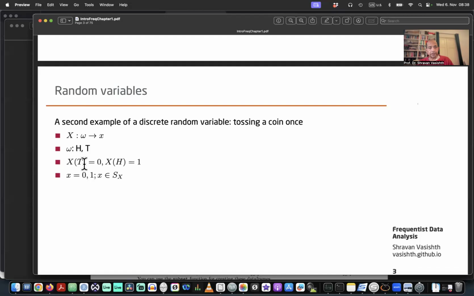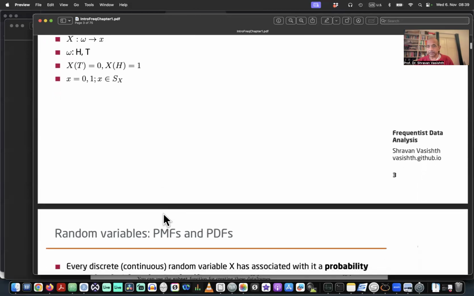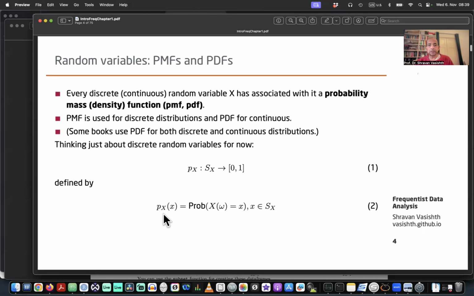And if you get a tails, we are conventionally going to represent that as a 0. So that's the numerical mapping, right, to the real number system. And if you get a heads, then that's 1. Okay? So that's another example. So the support of X now is the set containing the numbers 0 and 1, right? So that's another example of a discrete random variable.